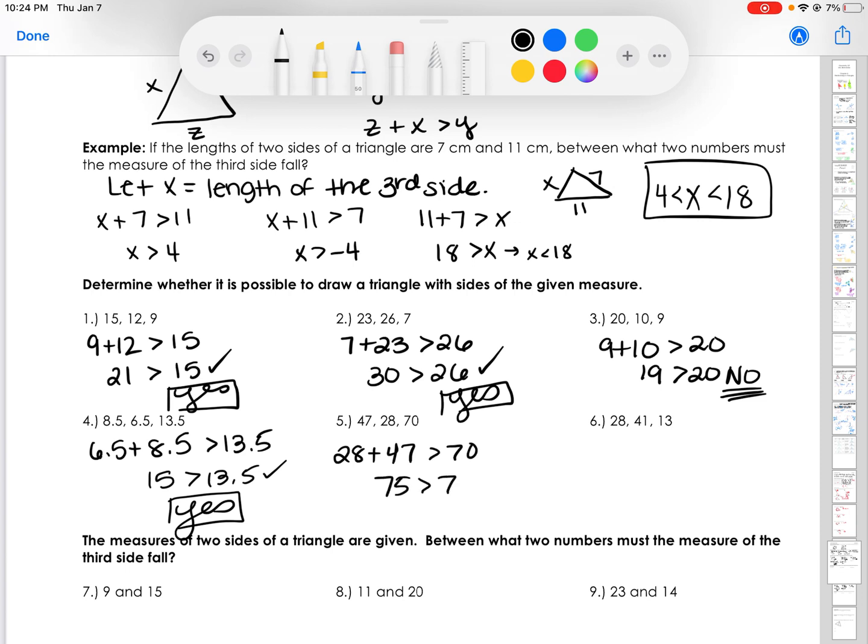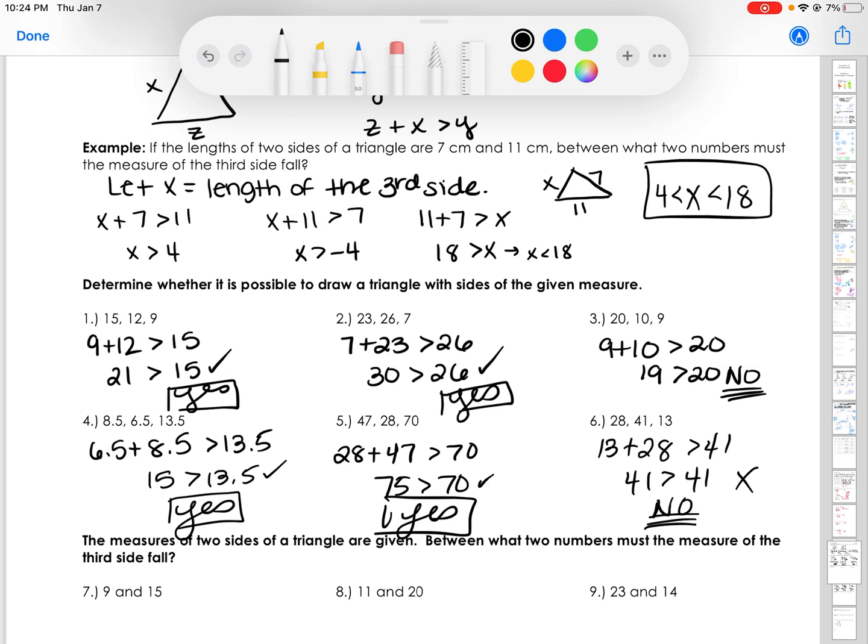Is 75 greater than 70? Absolutely, we can draw this triangle. And then we have 28, 41, and 13. So again, your smallest sides, is that greater than 41? So that's going to be 41 is not going to be greater than 41. That's equal. So no, that also will not draw a triangle.